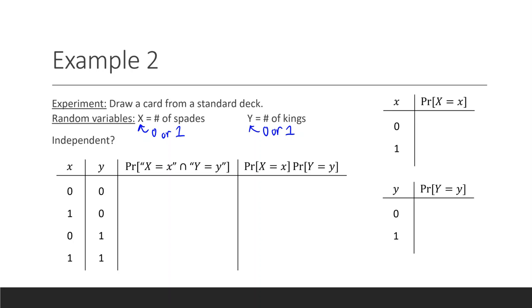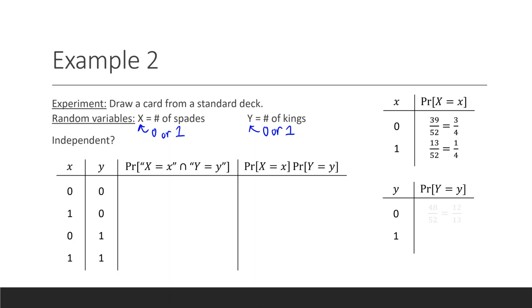The probability that we have no spades: there are 39 cards which are not spades out of 52, so we have a 39 over 52 equals 3/4 probability of not getting a spade. And there are 13 spades out of 52 cards, so we have a 13 out of 52 equals 1/4 probability of getting a spade.